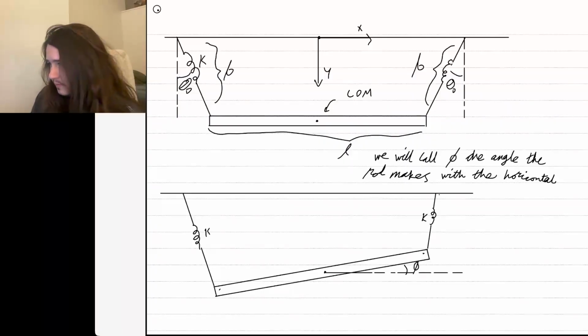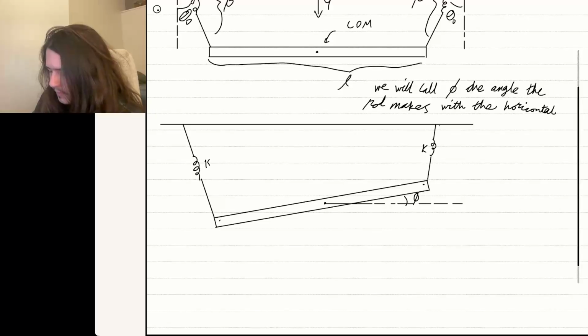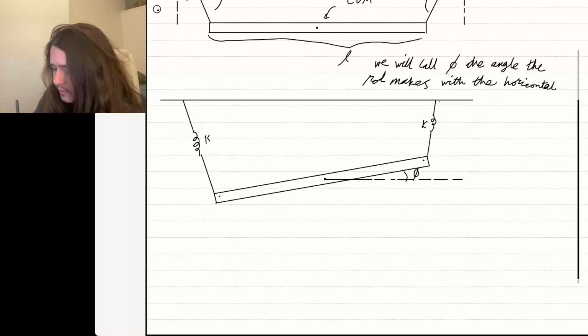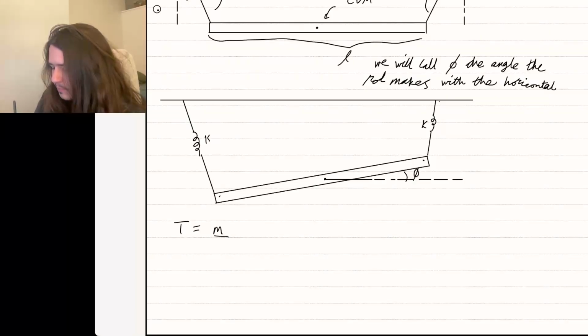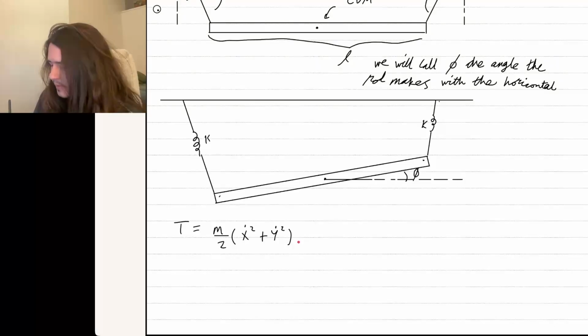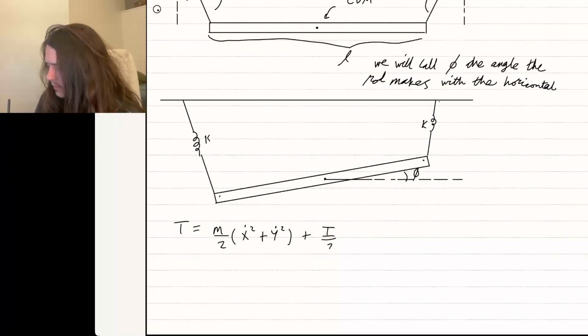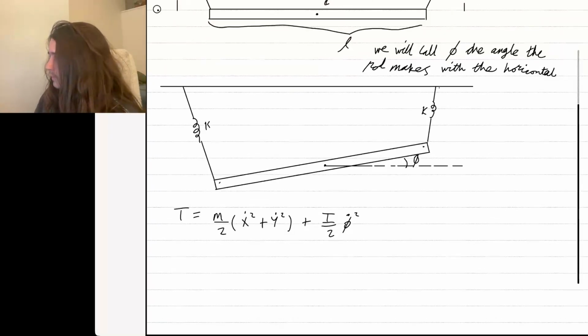But okay, speaking of that, let's set up the kinetic energy, the easier part of the Lagrangian to set up. It's going to have some translational piece, so that's going to be m over 2 times x dot squared plus y dot squared. And then it's going to have some rotational piece, where it's the moment of inertia divided by 2 times phi dot squared, the angle of rotation dot squared.